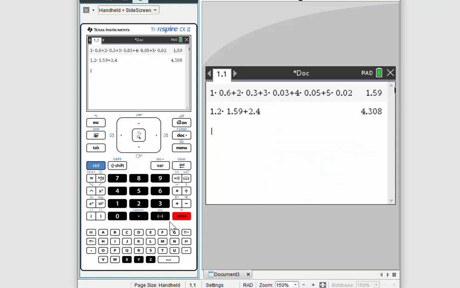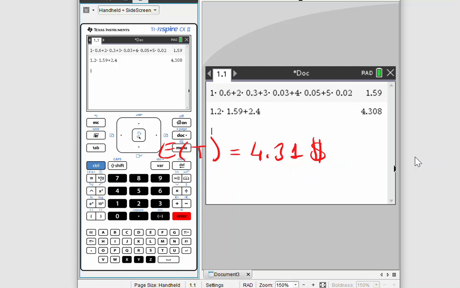Like you see here, our E of T is represented as 4.308. If you round it, for the first question, our E of T will be equal to $4.31 as our answer. This is the first part.